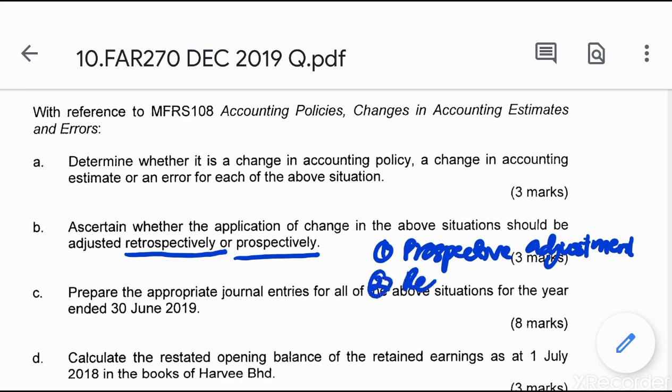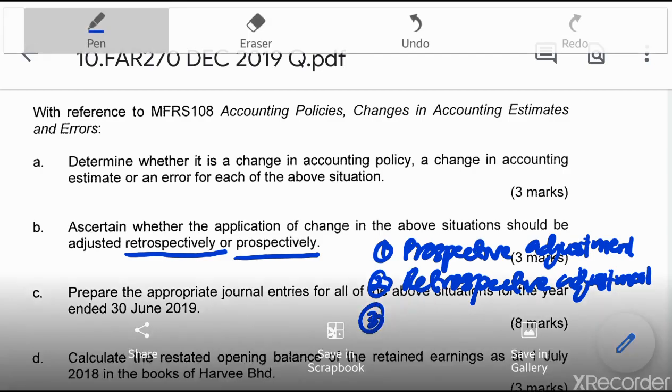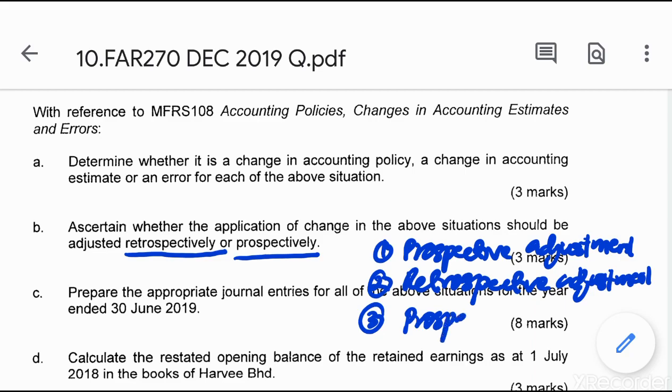Situation 2 will be a retrospective adjustment, because it has something to do with a prior year error. Situation 3 would be a prospective adjustment. Why? Because that is a change in accounting estimate. So you are done with that.